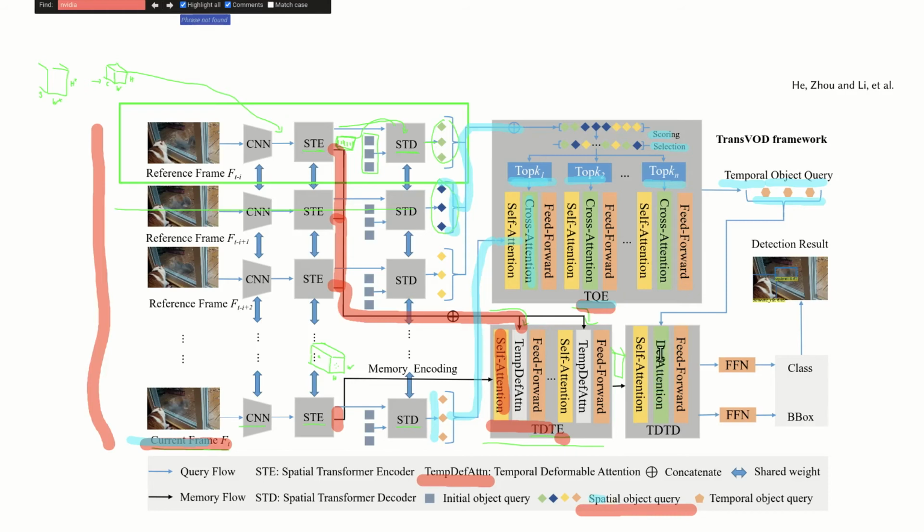Okay, now we look into depth into this deformable attention again, where we take like 100 or maybe more or less temporal object queries, and these queries attend to these feature maps which we have here, which have information from all these frames on the left side. So we have here one feature map.